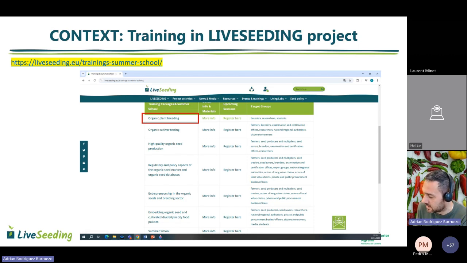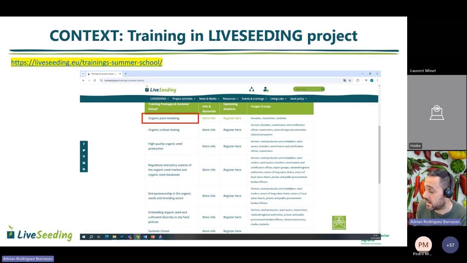For those who have not come to the first unit, I repeat, this training activity is one of the different training opportunities offered by the LiveSeeding project. For more info, you can go to the training option of the LiveSeeding webpage.